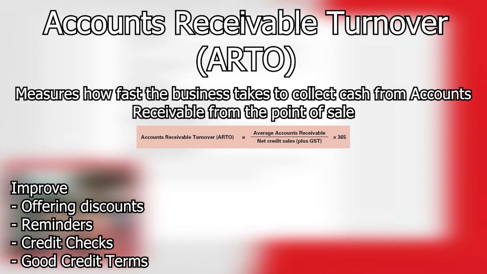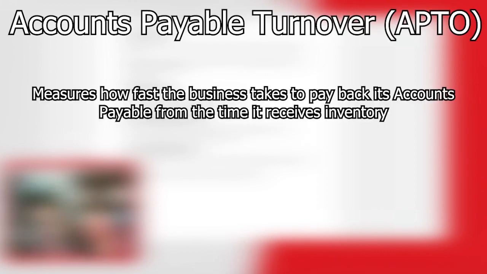And then last but not least, we have accounts payable turnover. And this measures how long it takes us to repay cash to accounts payable. And this is from the point of receiving the inventory to paying it all back.